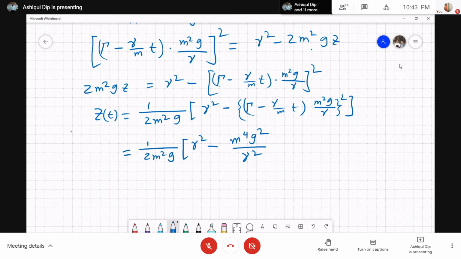Actually, I should write it the other way. I should write it this way: small gamma square by m square into t squared, then twice big gamma small gamma by mt plus gamma squared, right? This is the whole square thing.